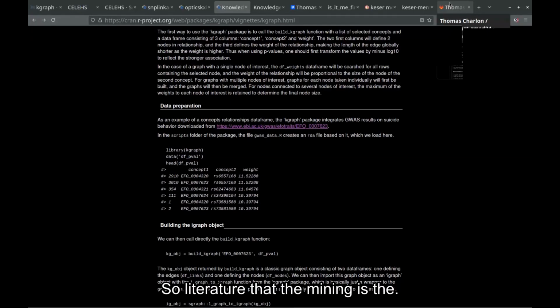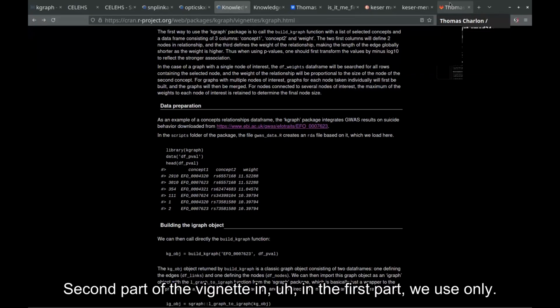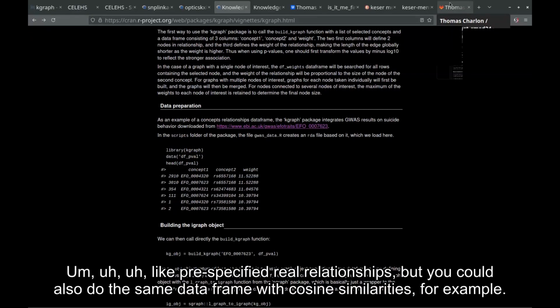So literature data mining is the second part of the vignette. In the first part, we use only pre-specified real relationships, but you could also do the same data frame with cosine similarities, for example.